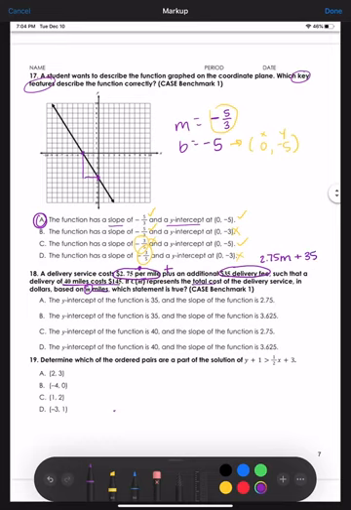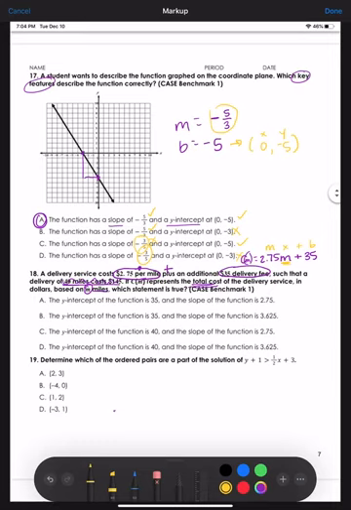And such that a delivery of 40 miles costs $145, that's not really important information, actually. If C of M represents the total cost, so what do I have here? I have the money per mile and the flat fee, so C of M is equal to this. And if you notice, this looks like MX plus B. Even though this is an M here, it represents miles, not slope.